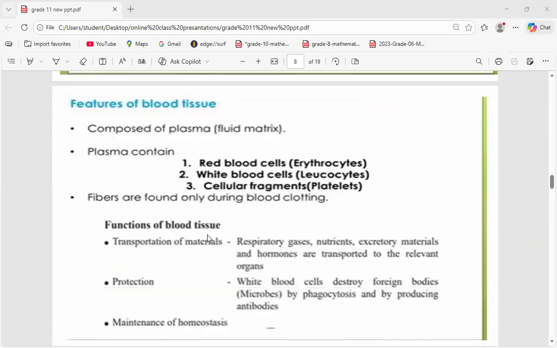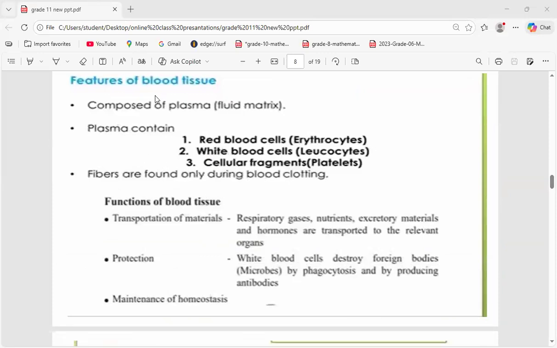There are several types of blood tissue. It is composed of plasma, and you see, red blood cells, white blood cells, and cellular fragments. One is fluid, one is the matrix. Fibers are found only during clotting.